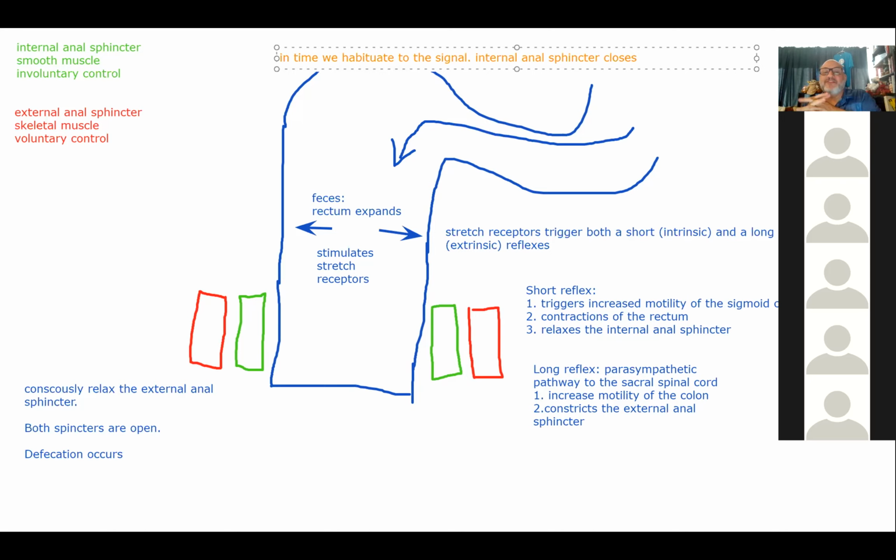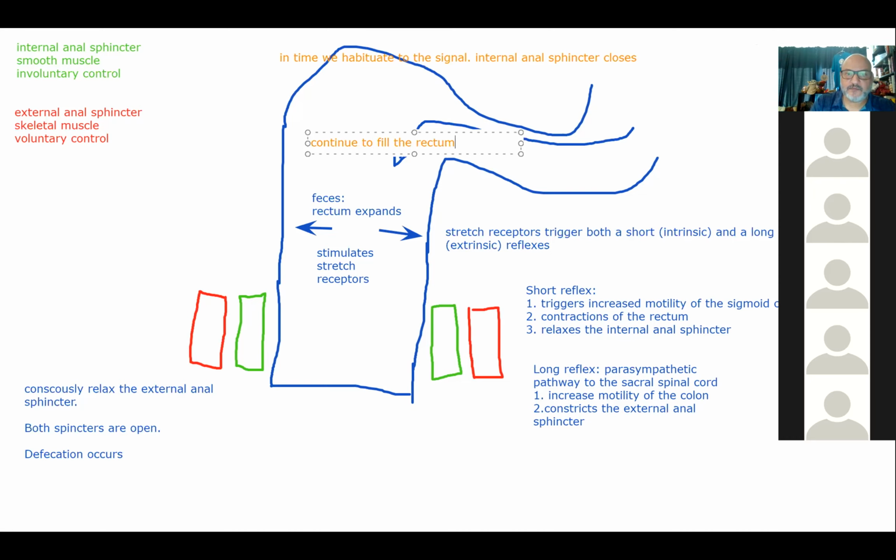So the problem is, in time, we can habituate to that signal. However, does that mean it goes away forever and we never have to defecate again? No, of course not, because we will continue to fill the rectum. And as we continue to fill the rectum, it stretches more and more.